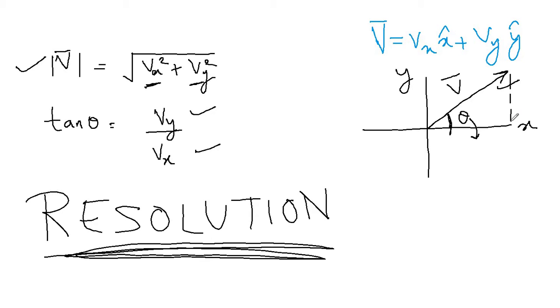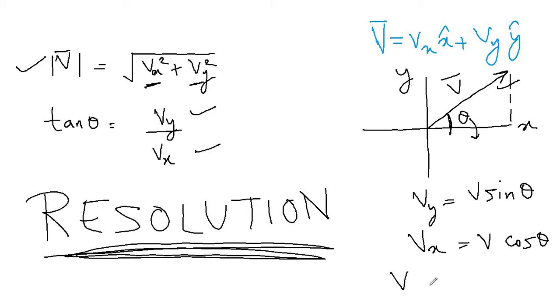You can see that the projection of this vector v on y is given by, suppose I call it vy, equal to v sin theta, and vx, which is the component of v in x direction, is simply given by v times cos theta.